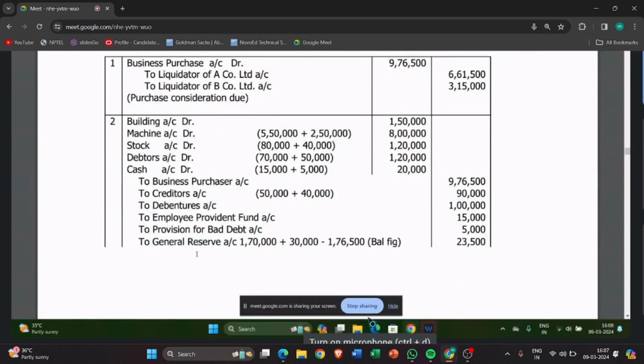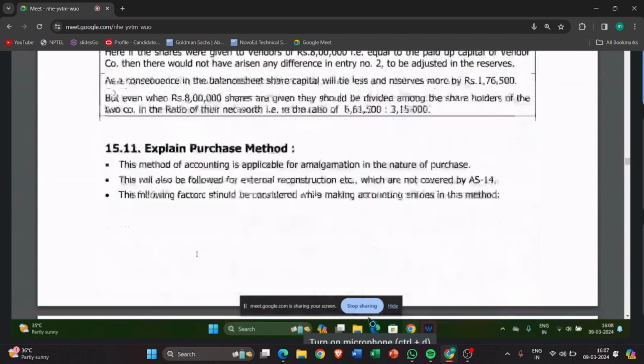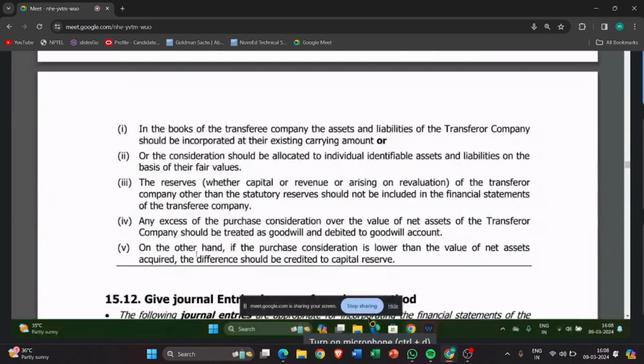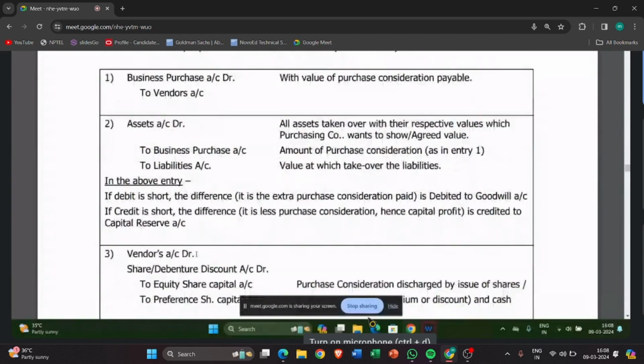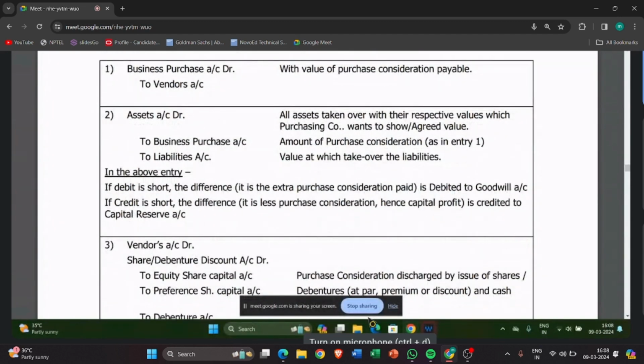Remember, I told you in this entry, there will be a difference, and whatever the difference is, it is written to general reserve. But here, in case of purchase, be very careful. The difference is written either to goodwill, if the difference is in the debit, you will write it as goodwill account. But if the credit is less and you get the balancing figure in the credit, then you will write it as capital reserve.